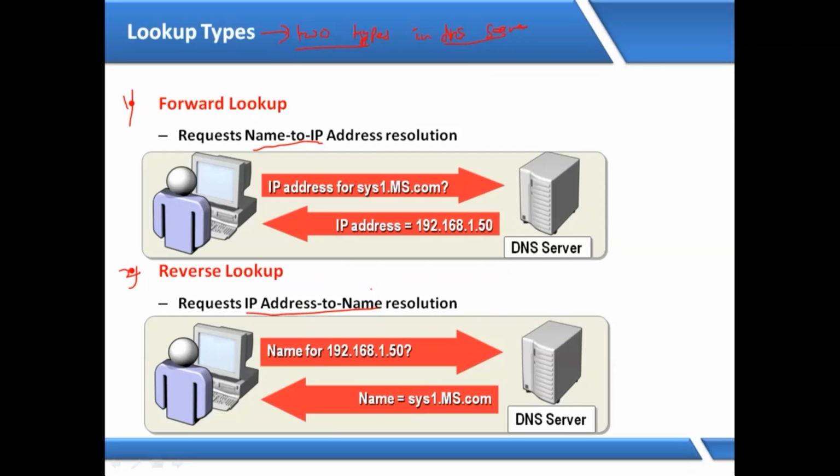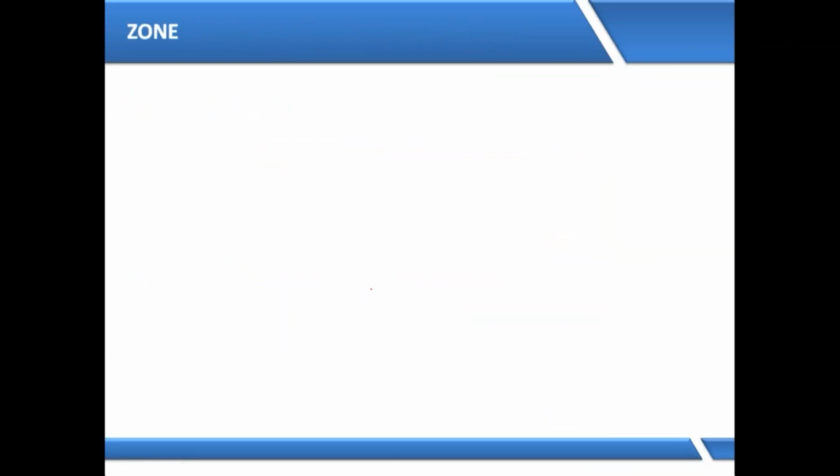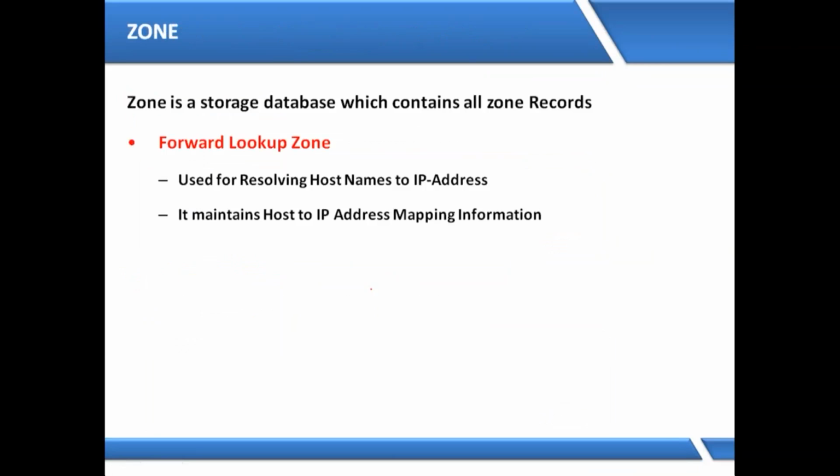Okay, so now this resolution in the DNS server is done with the help of records. The DNS server contains lookup zones, and inside the lookup zones we need to create the records. So zones contain records. The forward lookup zone will resolve name into IP with the help of the records.